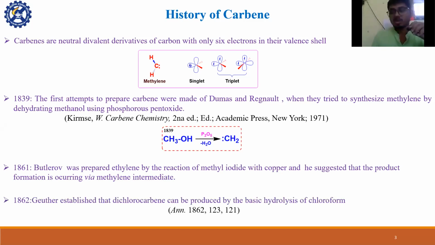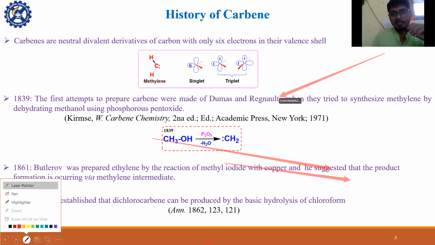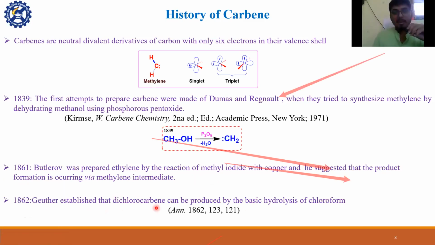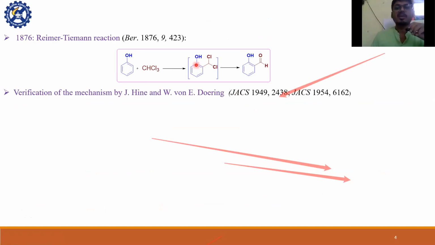Later, we know the synthesis of dichlorocarbene by hydrolysis of chloroform. Later, this is the very well-known Reimer-Tiemann reaction. Using chloroform and a base, dichlorocarbene is involved in the synthesis of salicylic acid.